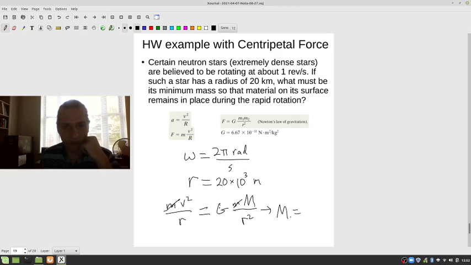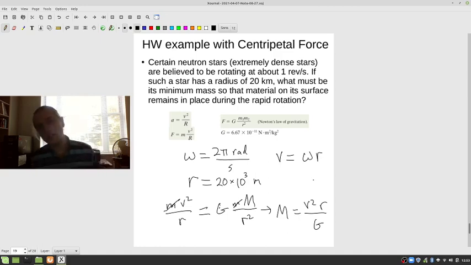The M would be v squared r over G. I think that's right. Okay, so G here would be Newton's constant, that very, very small number. That will give you a very big mass here. And remember, your v is going to be the speed of the surface, so that would just be omega times r. Okay, so you just stick in the numbers.